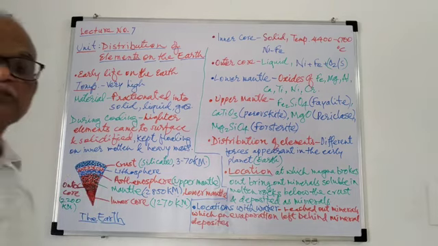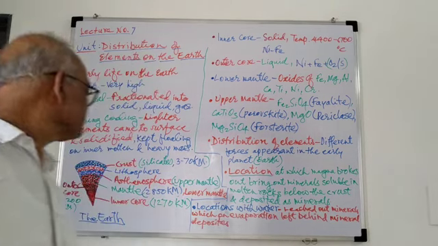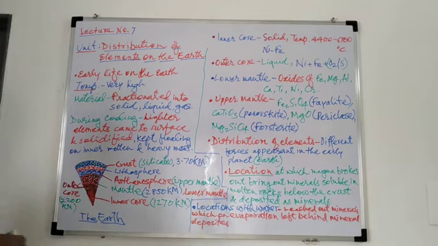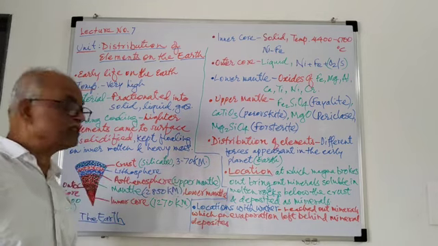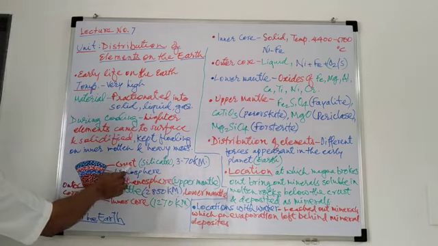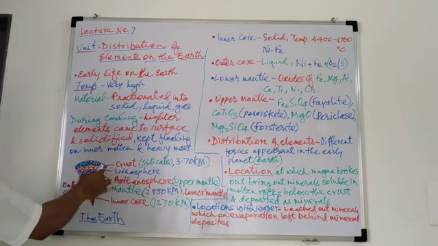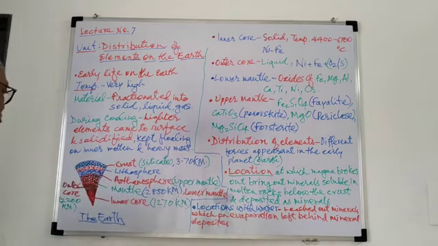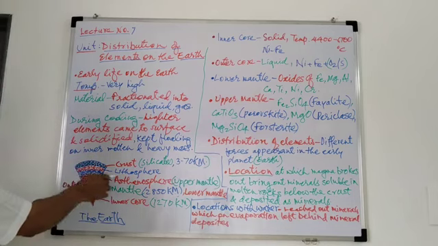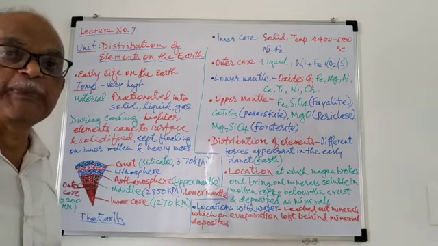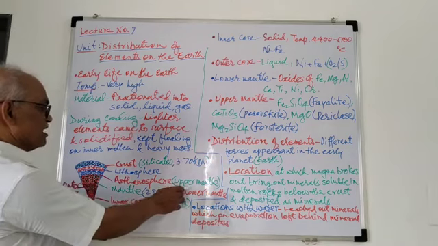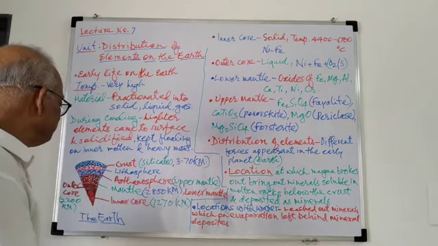If we see the cross section of the earth, we will find that the upper layer, the topmost layer, which is 3 to 70 km, is made of silicates, and this is called the crust. Below that there is the next layer called lithosphere. The third layer below it is called asthenosphere, which is also called upper mantle.